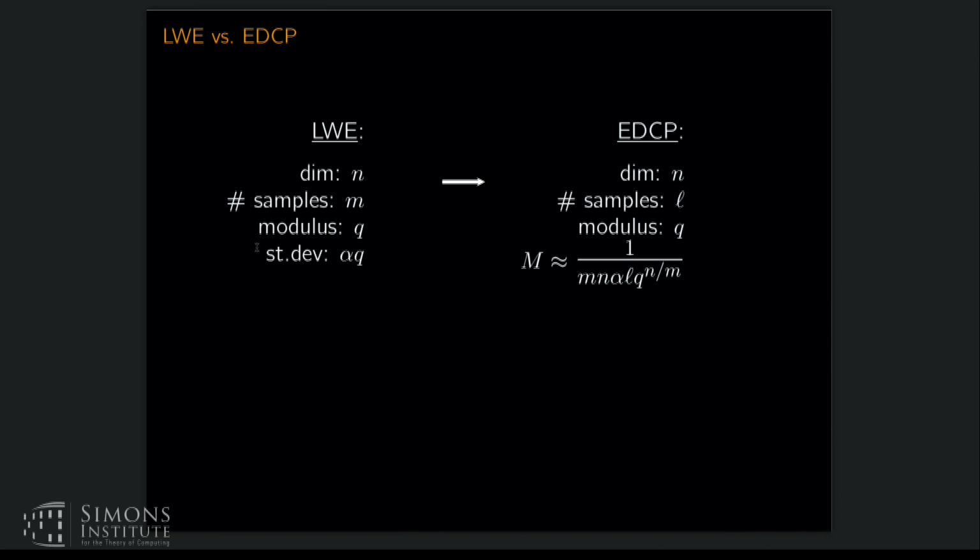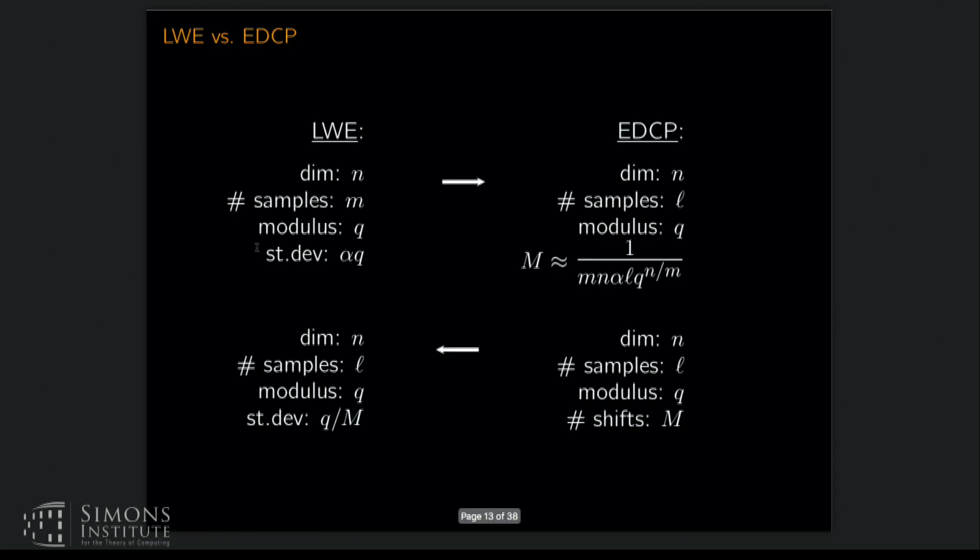In the other direction, meaning if I want to go from the EDCP part to the LWE part, the picture is very similar, even actually better. We preserve the dimension, the number of samples, and the modulus, and the number of shifts is inversely proportional to the standard deviation. So note here as well, that's precisely what you're saying. If there are many shifts, the standard deviation becomes small, so the problem becomes easier.